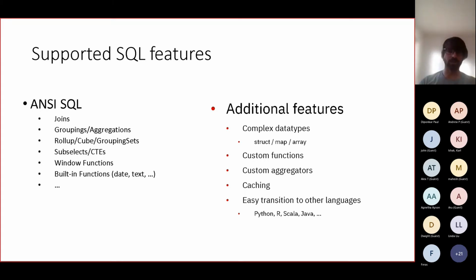Also, you can define caching on your own if you want to. Most of the code that you write in SQL, you can also use in the other languages supported by Spark and Databricks, being Python, R, Scala, and Java. So you can write a SQL statement from your Python code that leverages Spark, and then continue with Python or continue with R, Scala, or whatever.